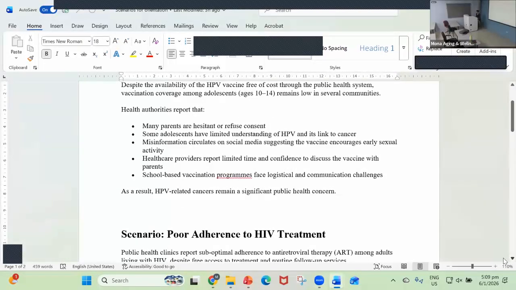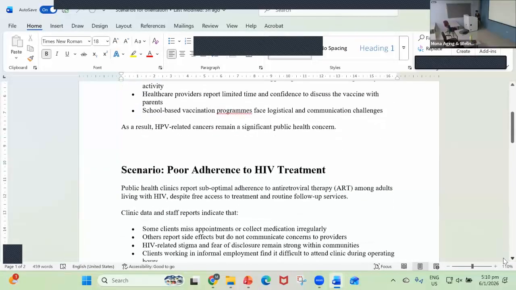Some adolescents have limited understanding of HPV and its link to cancer, and misinformation circulates on social media suggesting the vaccine encourages early sexual activity. Healthcare providers report limited time and confidence to discuss the vaccine with parents, and school-based vaccination programs face logistical and communication challenges. As a result of all of this, HPV-related cancers remain a significant health concern.